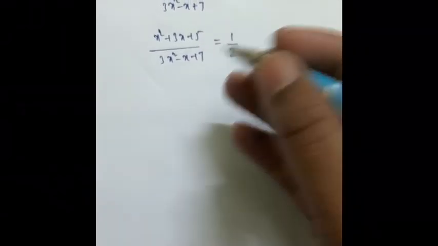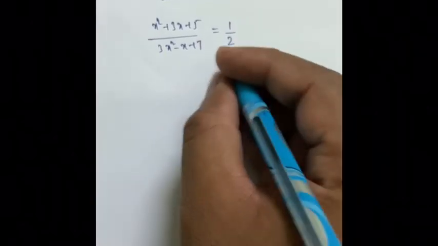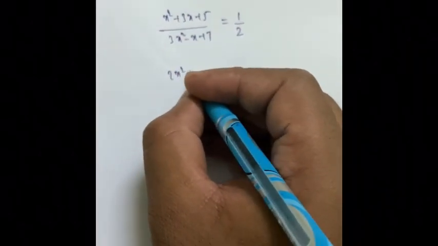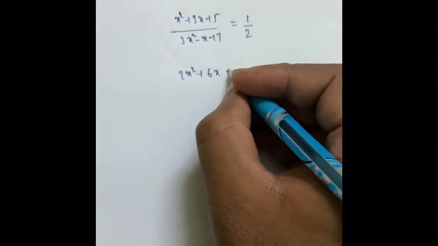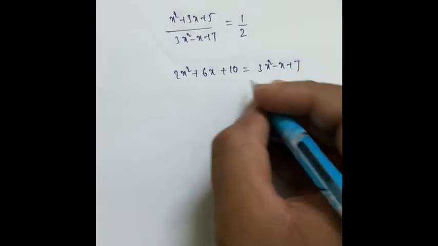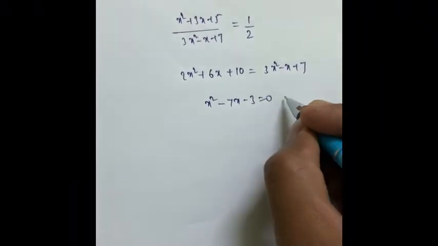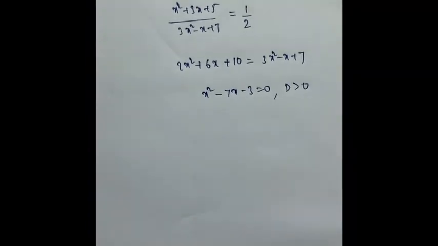We will see what happens if I equate to 1, 2 or something like that. First we'll equate it to half. I'll get 2x square plus 6x plus 10 is equal to 3x square minus x plus 7. So we got x square minus 7x minus 3 equal to 0. Discriminant greater than 0.